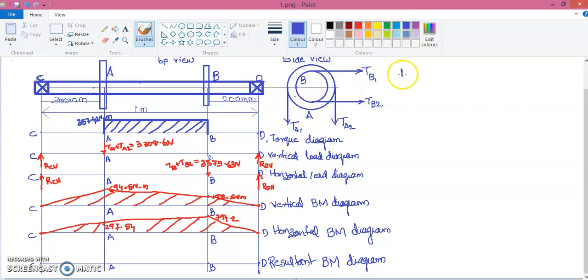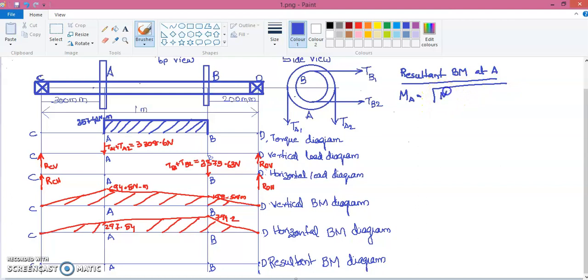The resultant bending moment, BM at A. Resultant bending moment at A. So I can represent it like this, MA. We don't have a V or H. V stands for vertical, H for horizontal. Now it is only A. That is the bending moment at the point A. That can be found out using this equation.